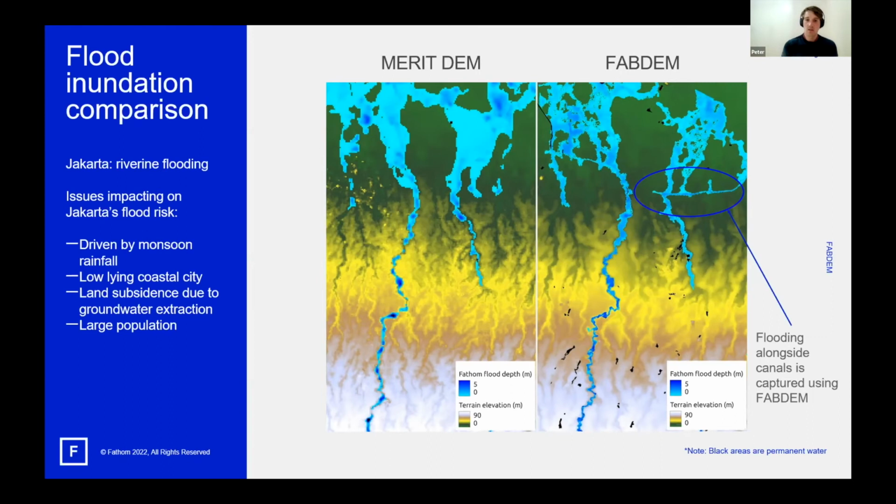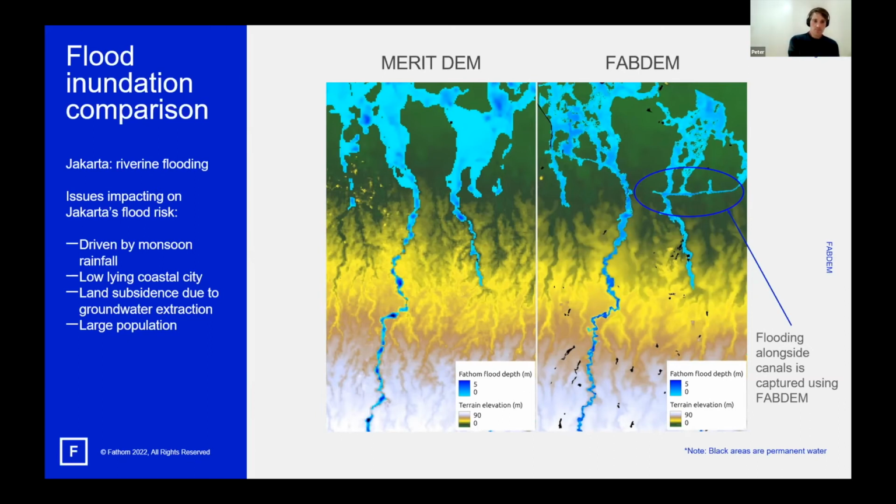And you can see in the FabDEM we have lower amounts of flooding at the top, which is the center of Jakarta, and instead have the flooding directed along the canal. So we're really happy with how these results are looking so far in FabDEM.